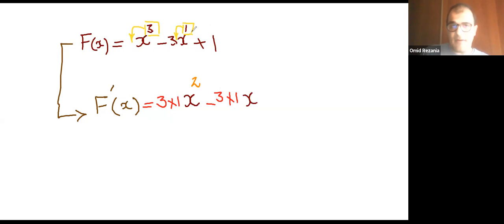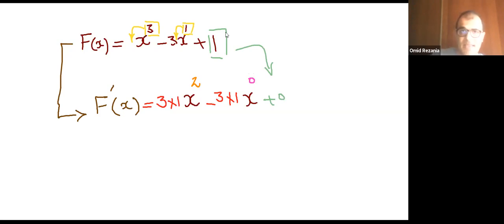However, for x, the power is 1. I know that I have to subtract 1 from the power, so the power becomes 1 minus 1, which is 0. And the constant left here without any variable is going to turn to plus 0. It's going to be 0.